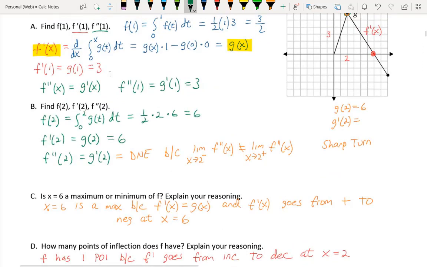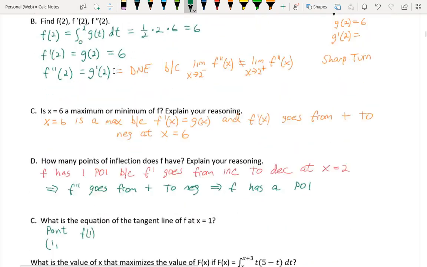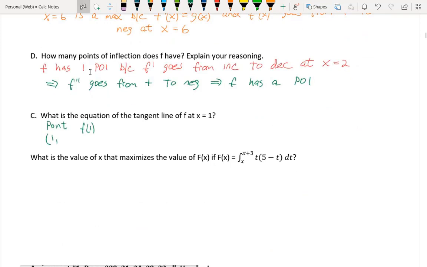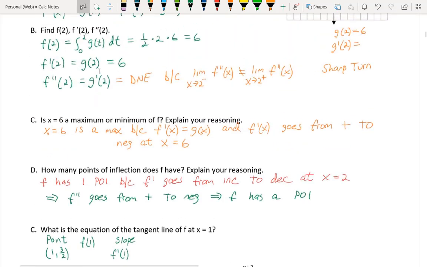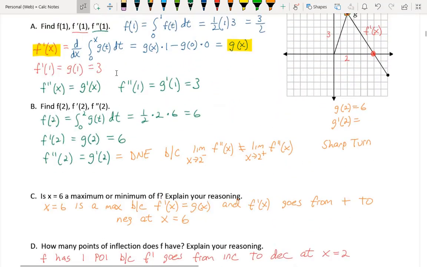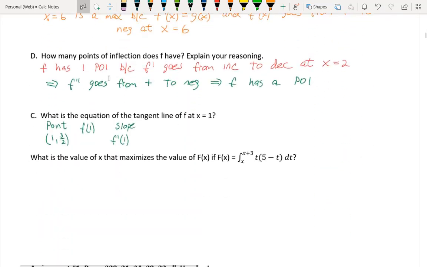We have a point, 1 comma 3/2. We need a slope, so we need to know f prime of 1, and we should have done that back there at the same time. f prime of 1 we said was equal to 3, so there's our slope.